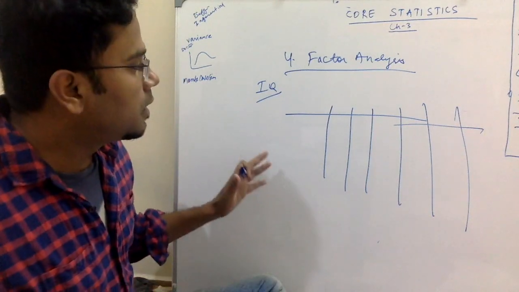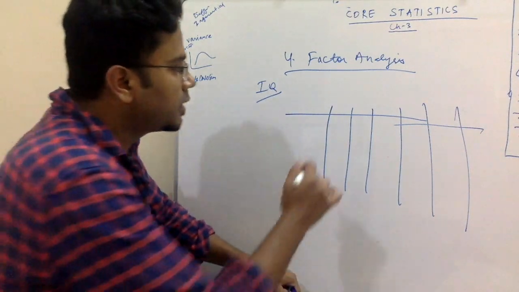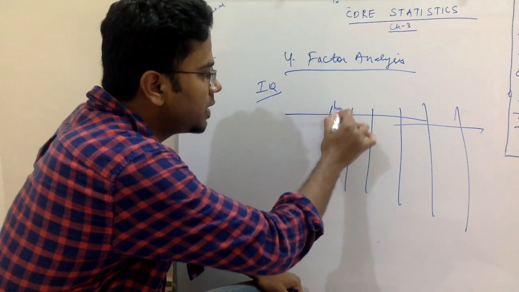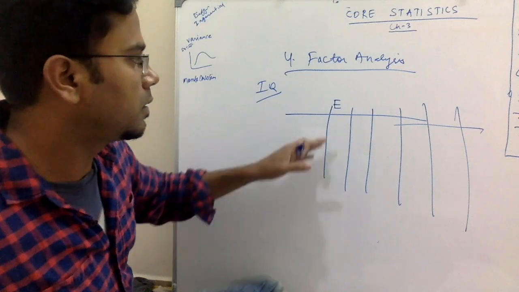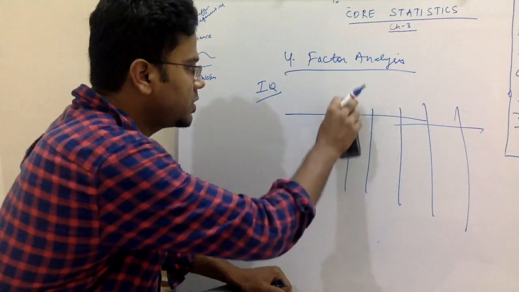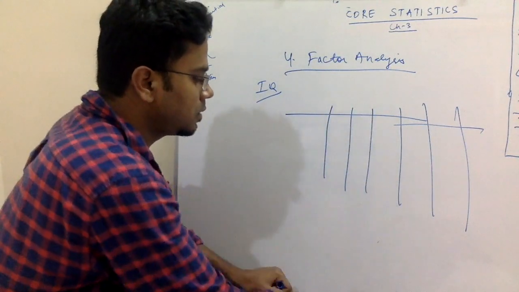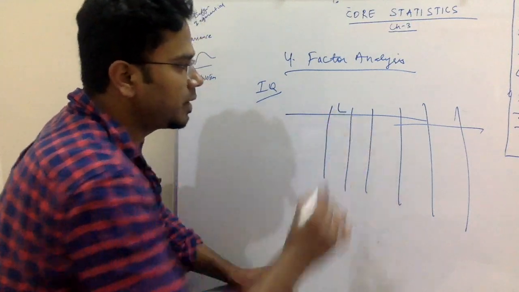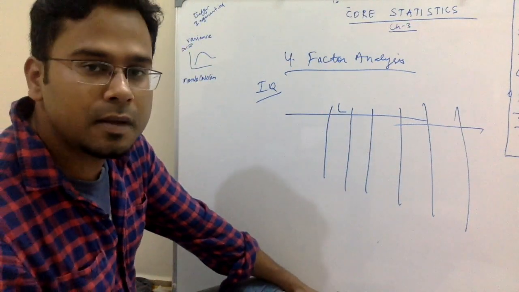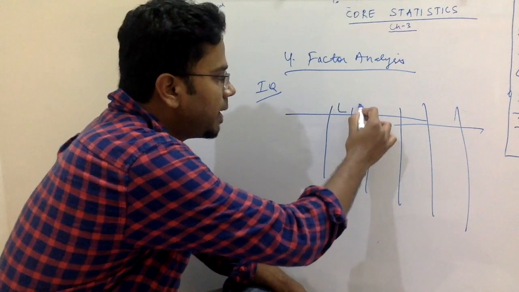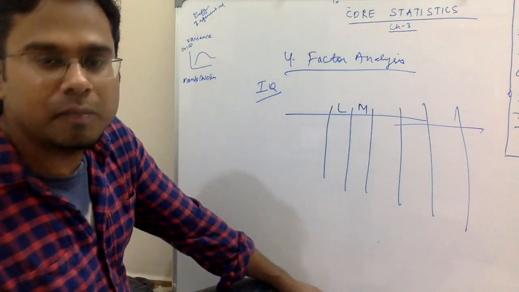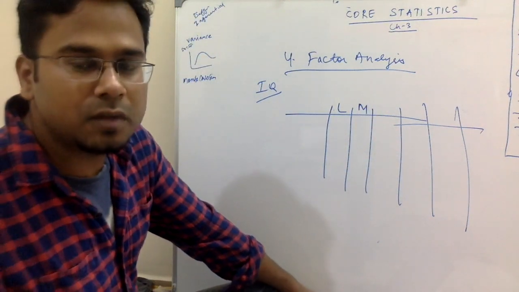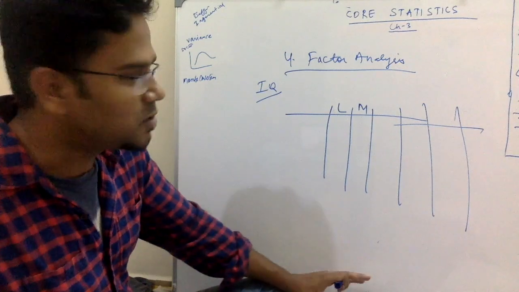Your method tests their knowledge in the field of language. You make them read, write, and listen. Then you check their mathematics, arithmetic capability, whether they can solve differential equations or not, whatever you want to check.